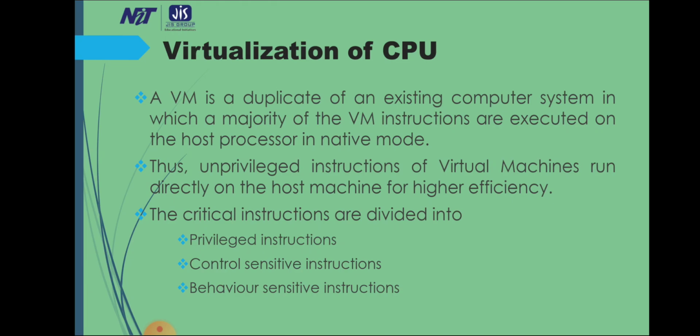When the privileged instructions, including control and behavior sensitive instructions of a virtual machine, are executed, they are trapped in the VMM. RISC CPU architectures can be naturally virtualized because all control and behavior sensitive instructions are privileged instructions.